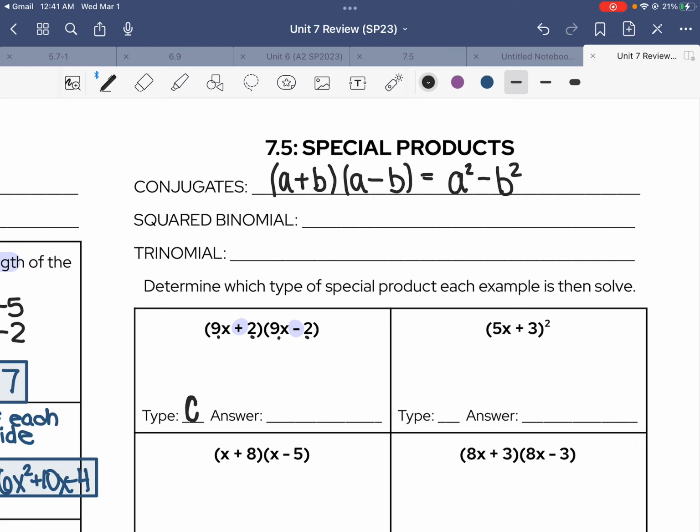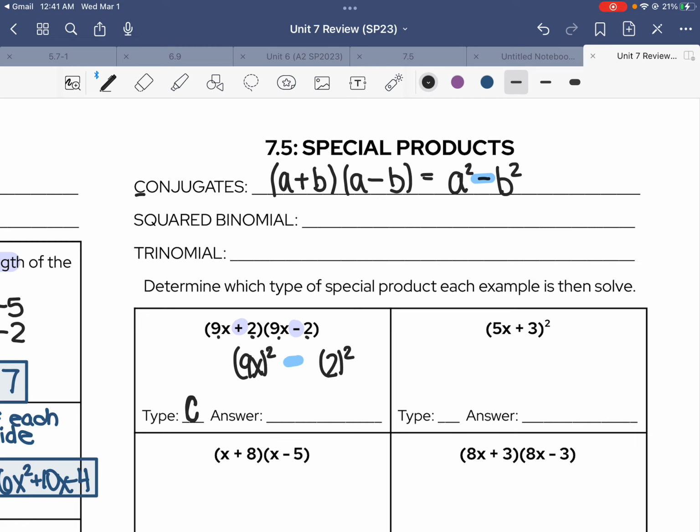And I'm just going to write C for conjugate. And if I follow my formula, I just have to do 9x squared and 2 squared. But always in between the two in a conjugate situation, they're going to be subtracted. So these two are going to be subtracted in between.